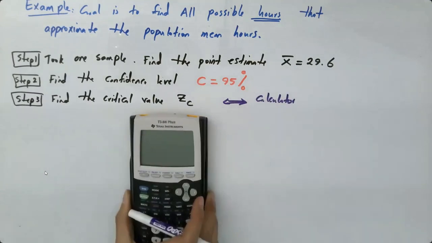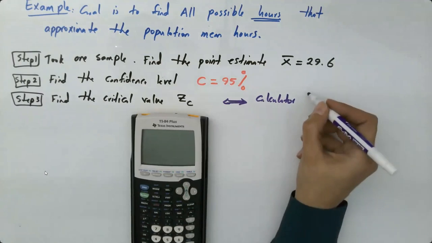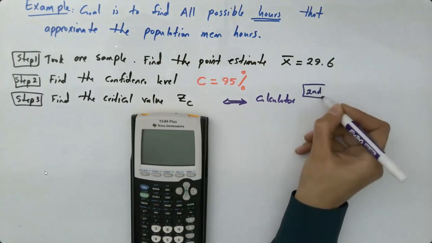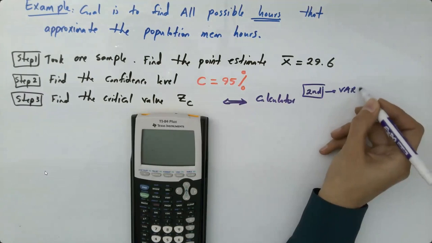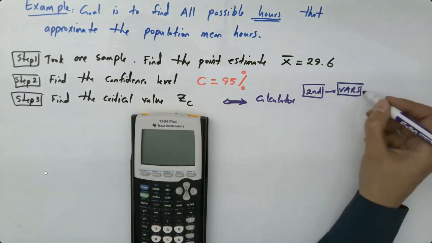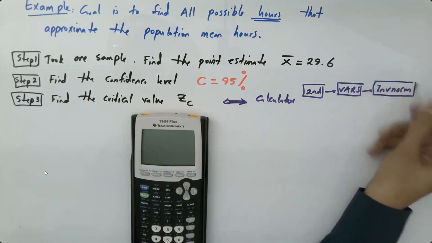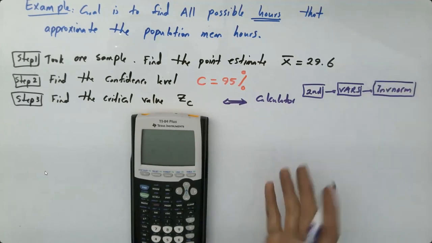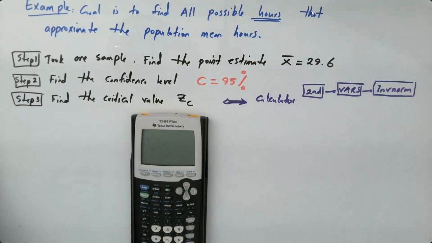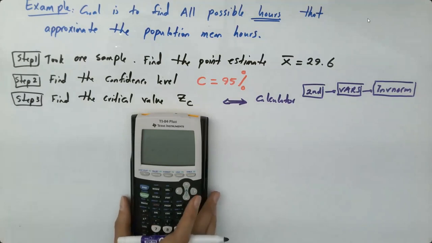Here you go. I have this calculator just right here. You're going to go to second, vars, and you're going to find the inverse norm. Why is that? Because the area is given to me. I just need to use the inverse norm function to find the Z value.